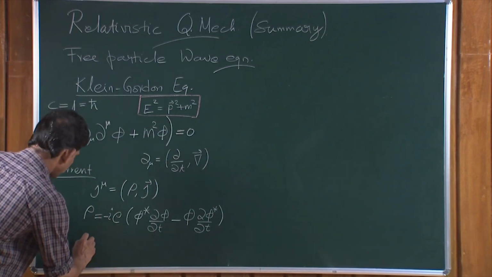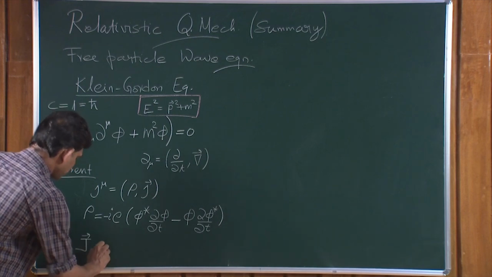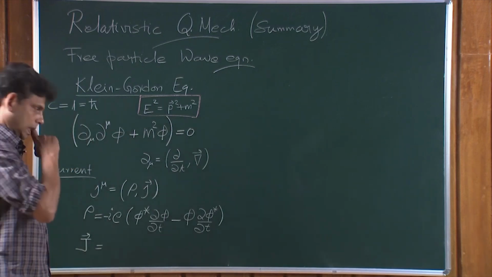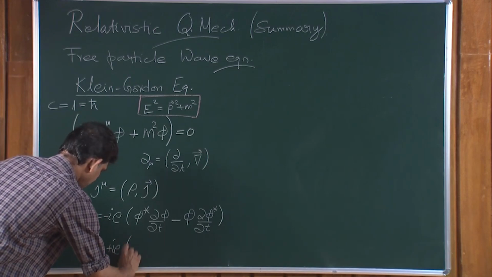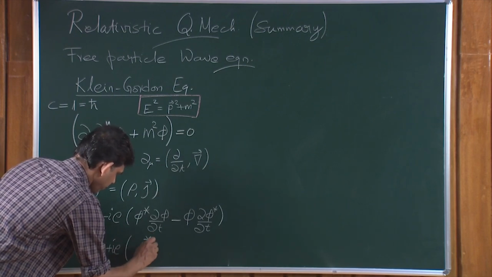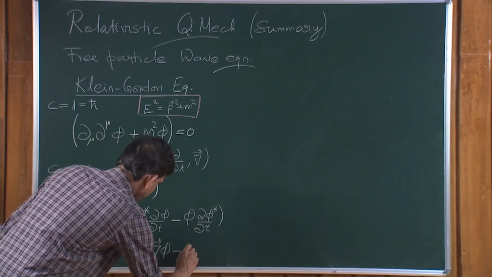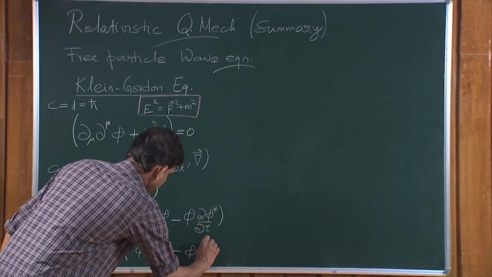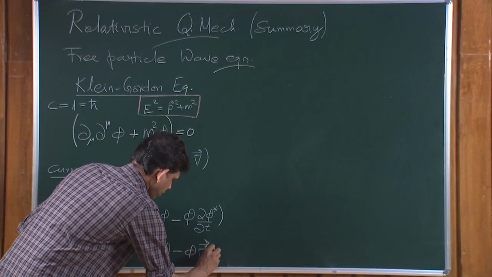And the 3 vector j is plus i e phi star gradient of phi minus phi gradient of phi star.